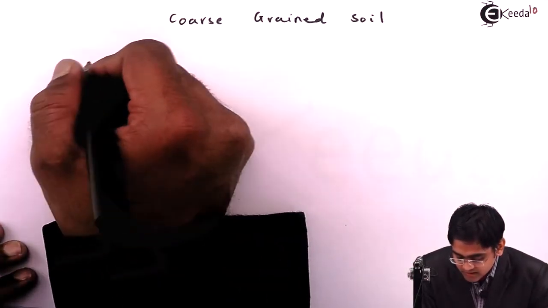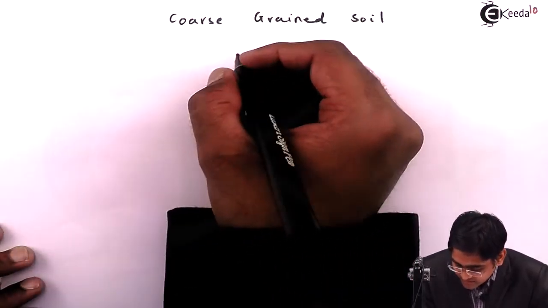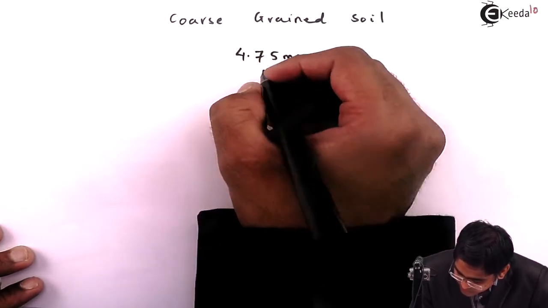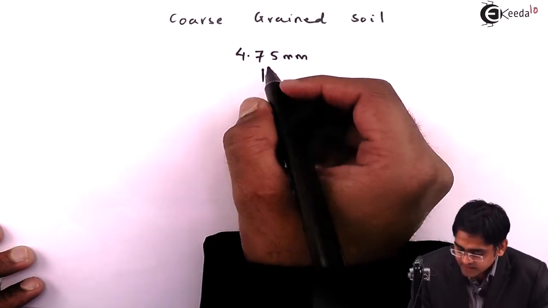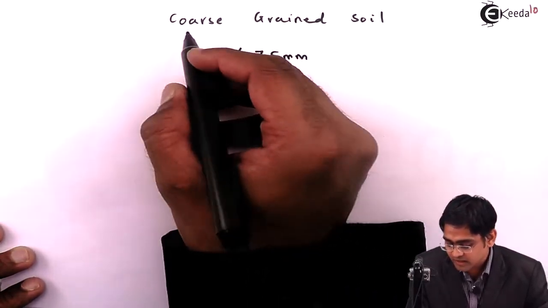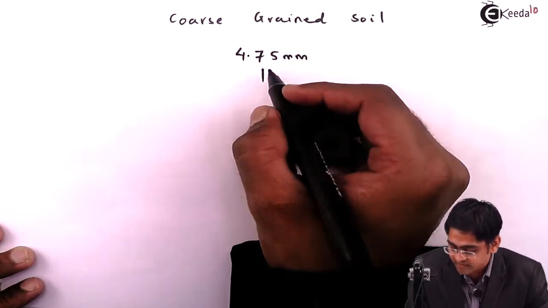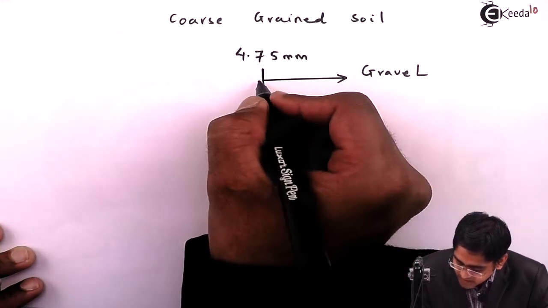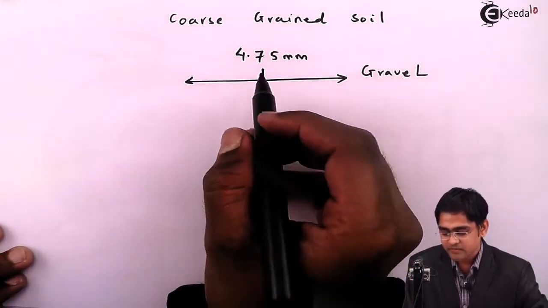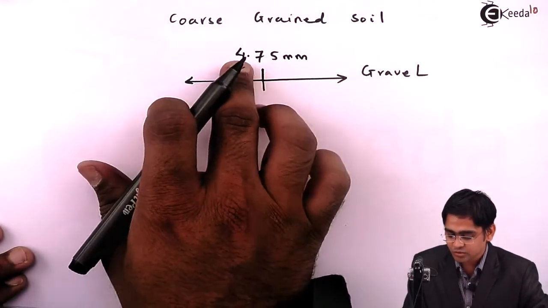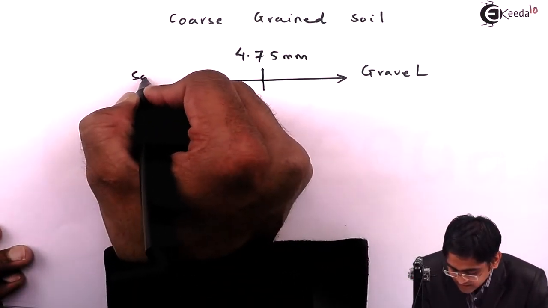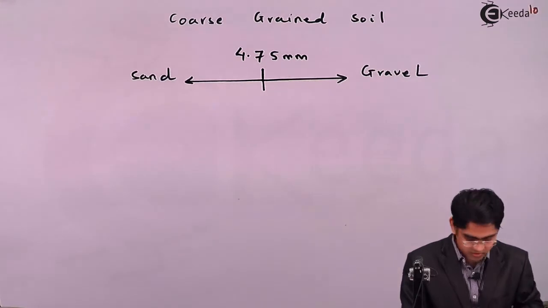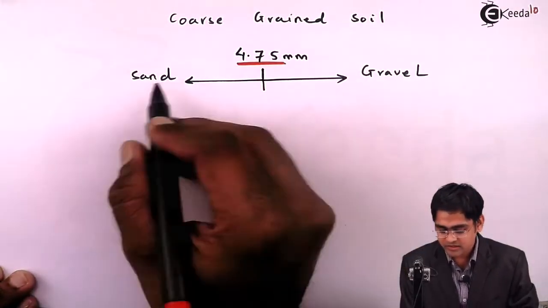Then you need to sieve it through 4.75 mm sieve. Write it over here, 4.75 mm. If more than 50% of the coarse grained fraction is retained on the 4.75 mm sieve, it is a gravel. And if more than 50% is passing through the 4.75 mm sieve, then it is a sand. So this is the boundary between a sand and a gravel.